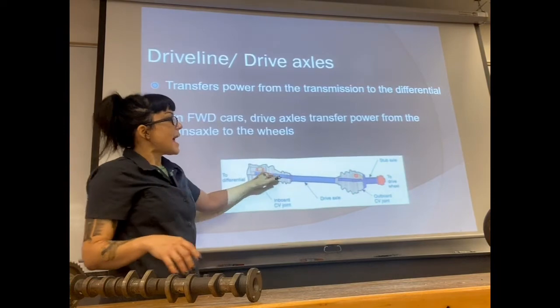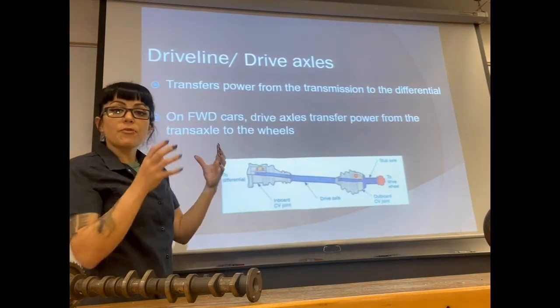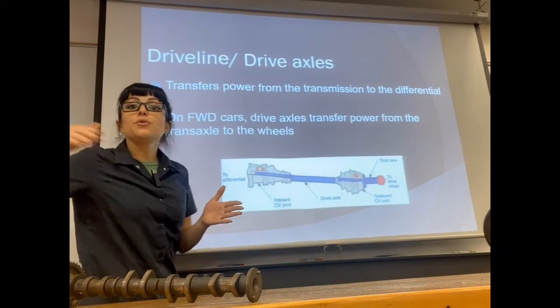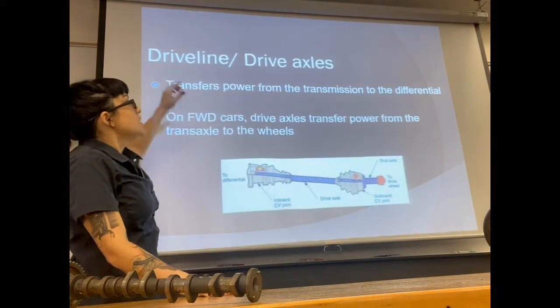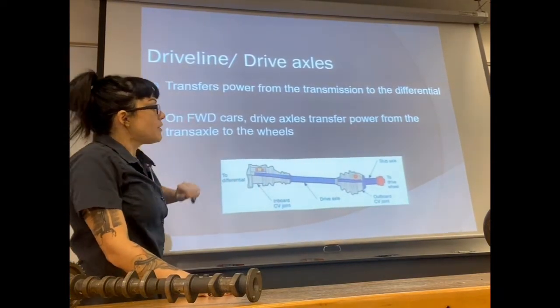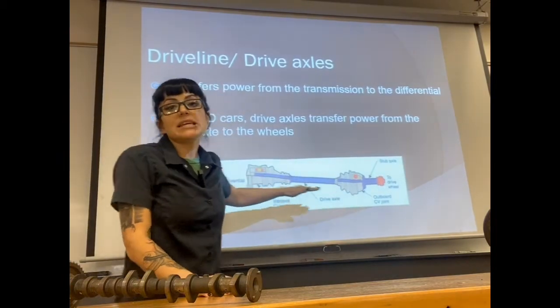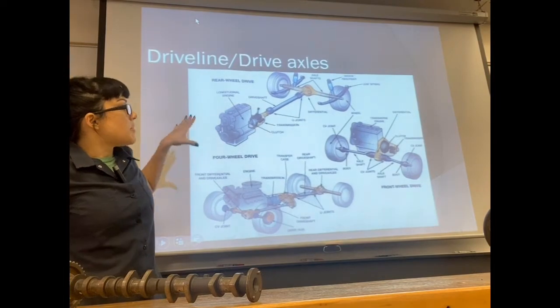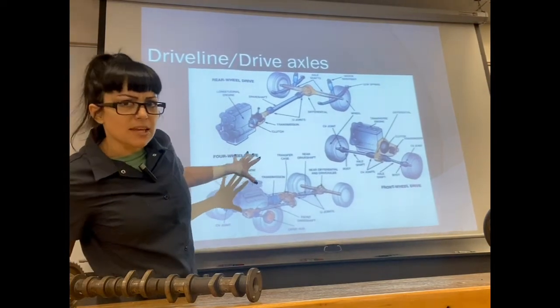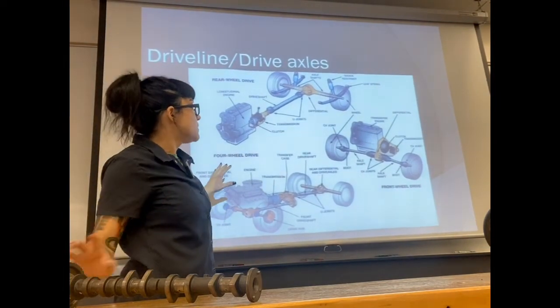Regardless, the axles that transmit power from the drive piece to the wheels are called our driveline or drive axles. So on front wheel drive vehicles, we use what we call a CV axle. We'll talk about this later. You guys have this in your Canvas presentation.